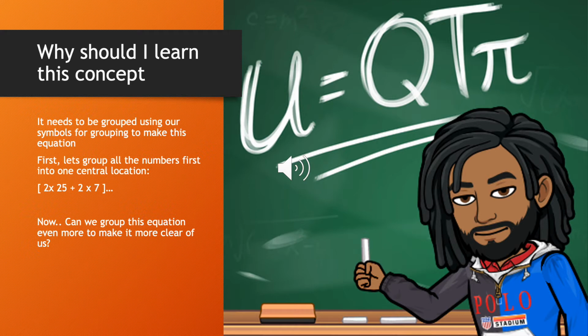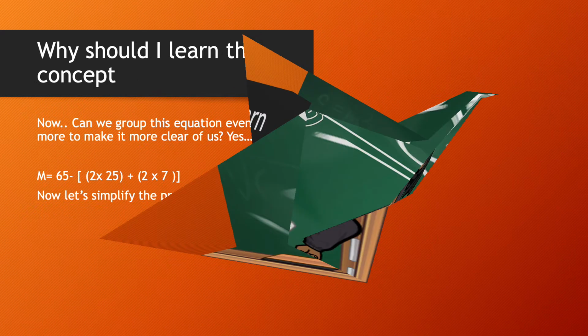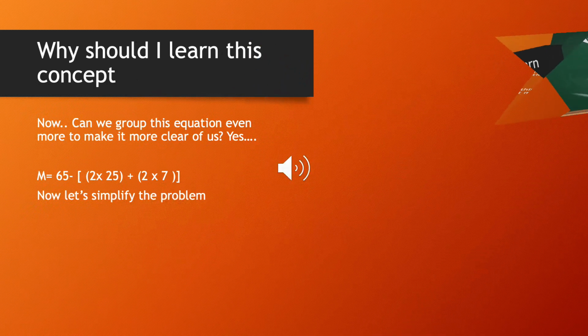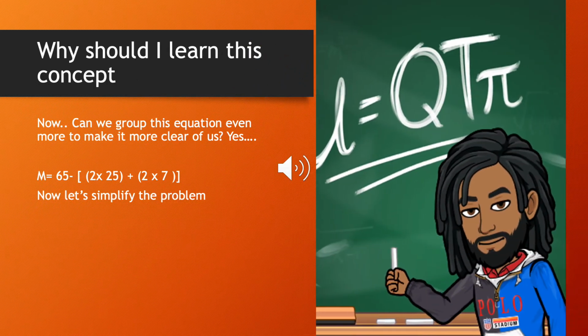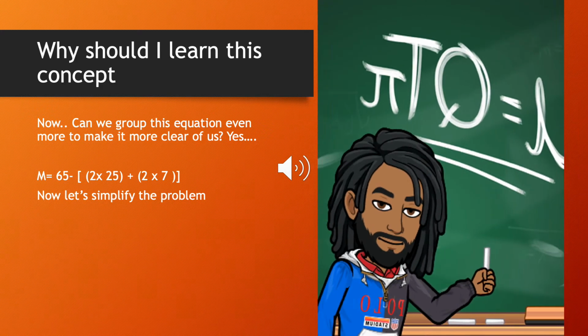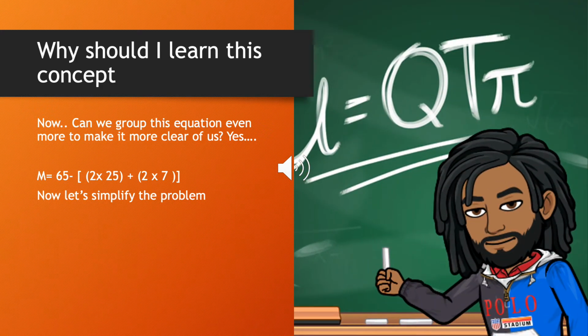All right. Now, can we group this equation even more to make it more clear? We already have it in brackets. Can we go a step further? Yes, we can. Now we can group this a step further, and we're going to use our parentheses.